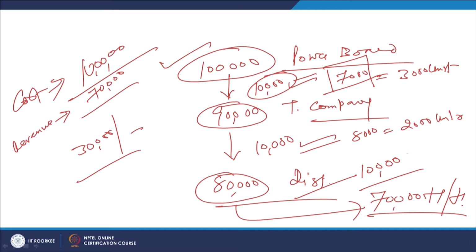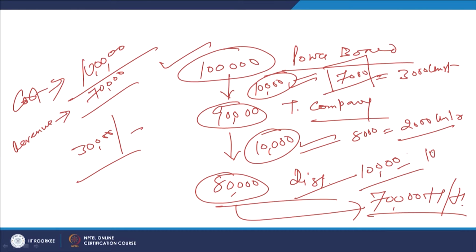In this case, we were expecting a loss of 8,000 units, but the actual loss is 10,000 units. So, the abnormal loss is how much? 2,000 units. And in this case also, at the level of distribution, we were expecting a loss of 9,000, but we have a loss of 10,000. So the abnormal loss is how much? 1,000 units.